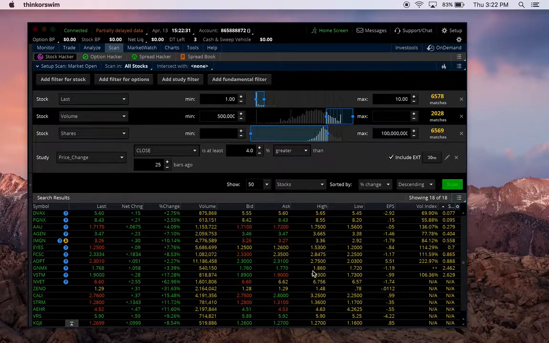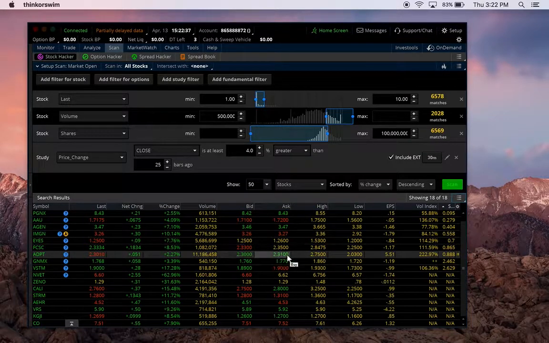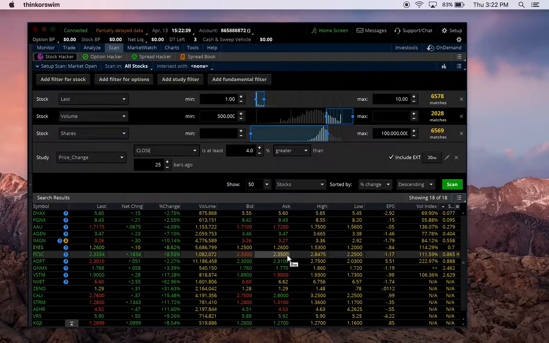Again, you can see a lot of tickers. It's almost the end of the day right now for the market, so this has been running all day, and there's a good amount of tickers on here. I'm going to run that scan from about when the market opens, so about 9:30 a.m. to 9:45.